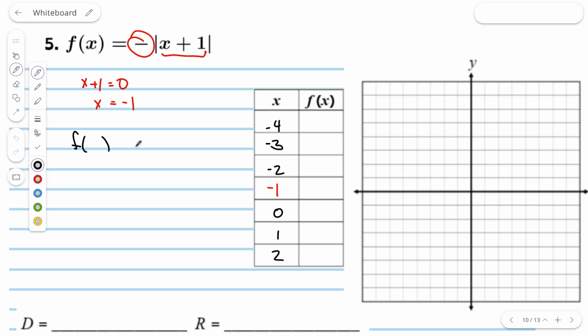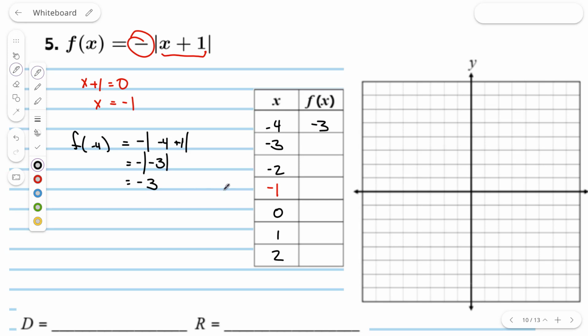We have f of whatever I'm plugging in is equal to the negative of the absolute value of what I'm plugging in plus 1. And so like if I plug in a -4, I have the negative absolute value of -3. And so that's a negative of 3.